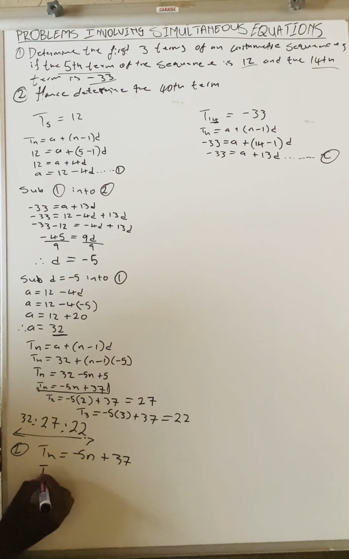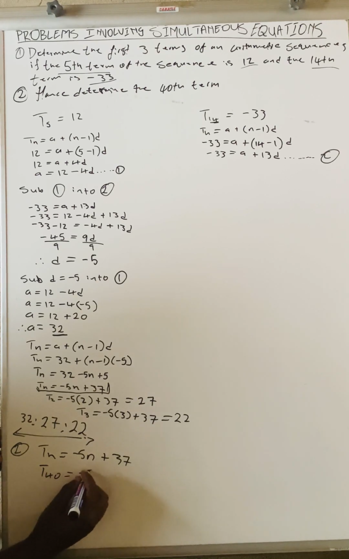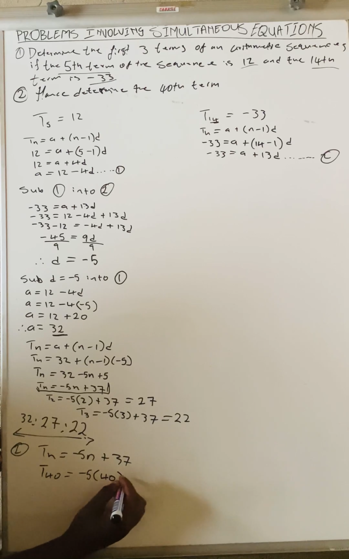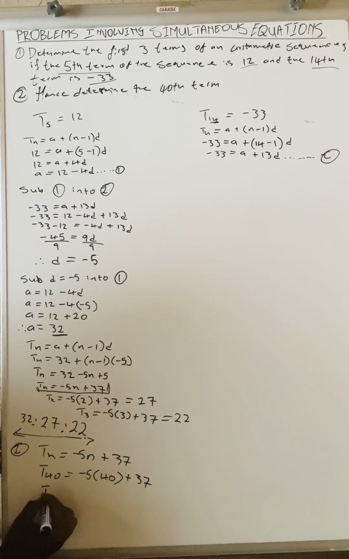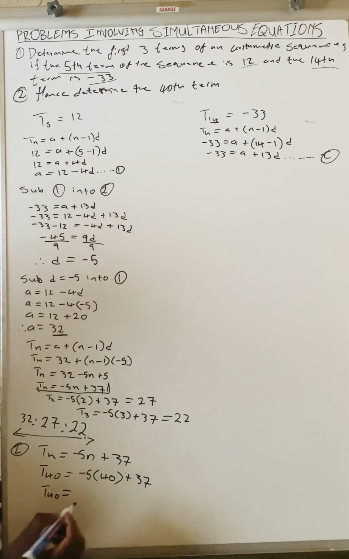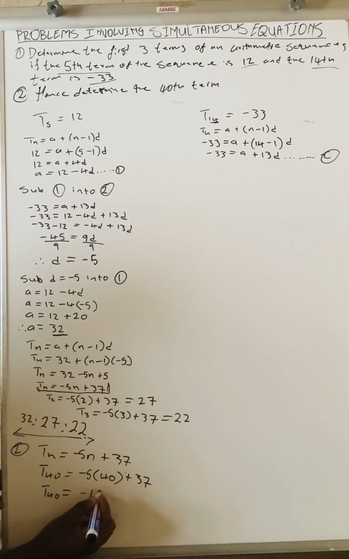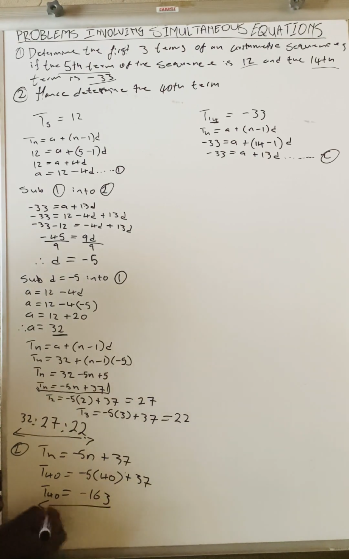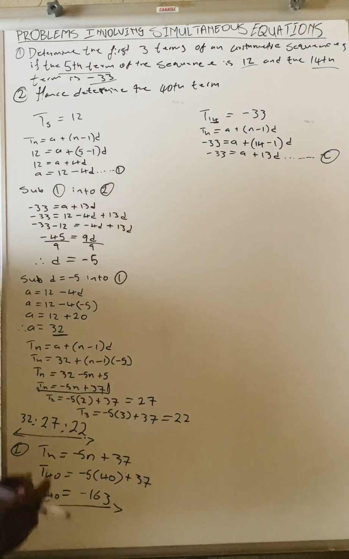Then T40 is equal to negative 5 into brackets, you write your 40, plus 37. Then T40 is equal to, you punch the calculator, you get negative 163. You get it. It's very simple.